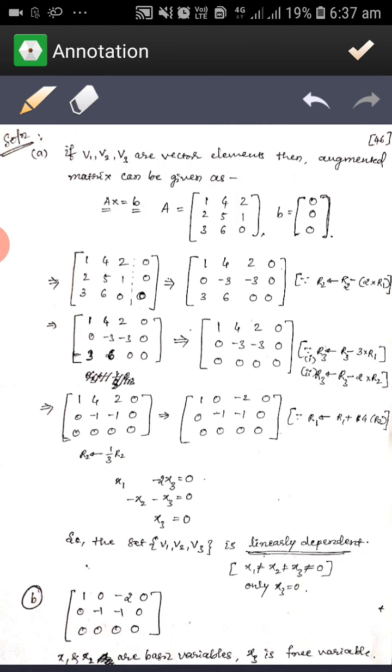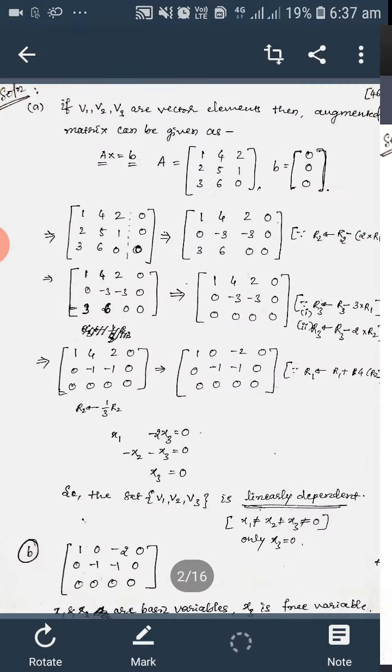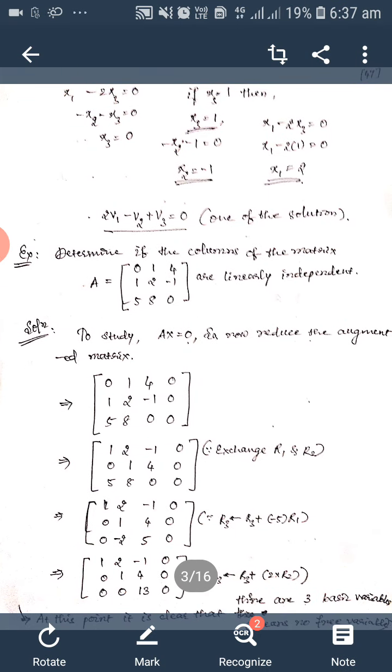We'll see some more problems on this. After getting this, we need to find out in part B the relation between v1, v2 and v3. As I told earlier, x3 is the free variable, and the others we call basic variables. For a free variable we can choose the values.